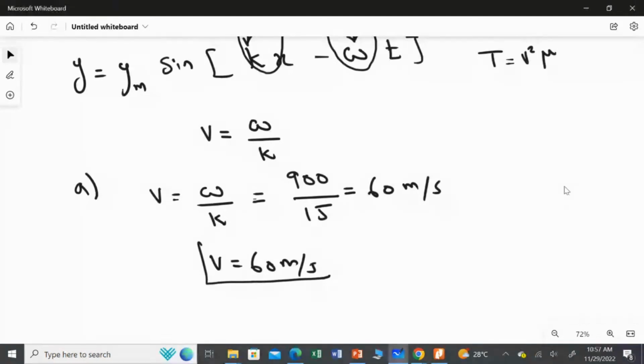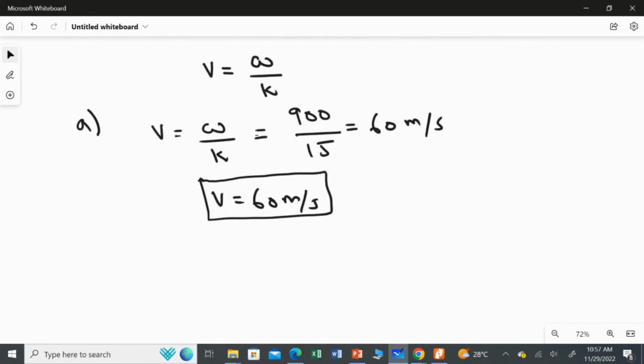Now by using the speed, I'm going to find the answer for the second question. In the question they mentioned you have to find the tension. For finding the tension, I'm going to use the equation from the speed. As I already explained, v equal to square root of T over mu.